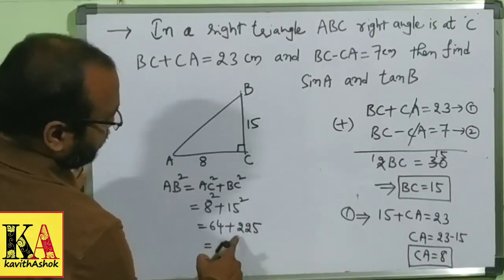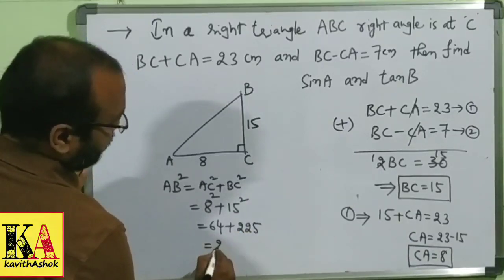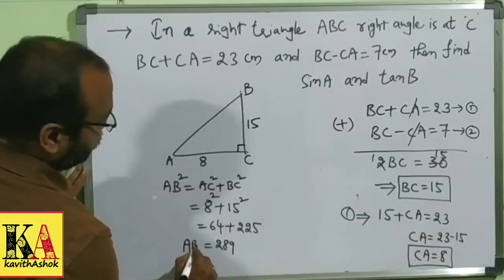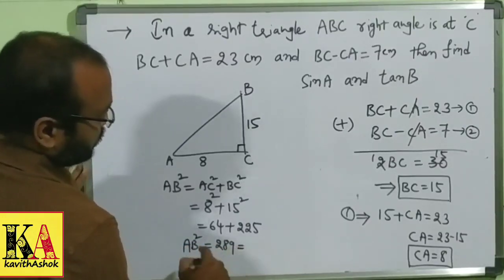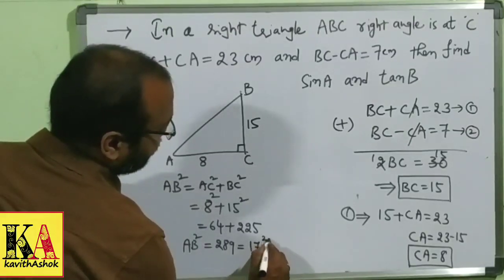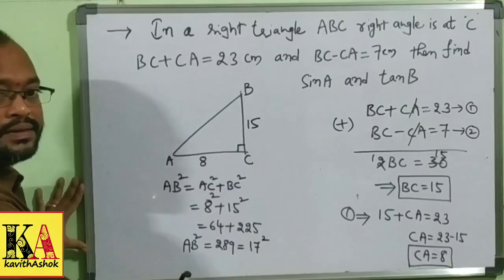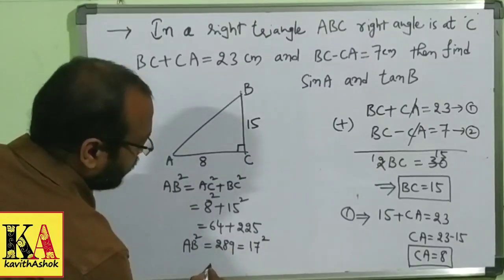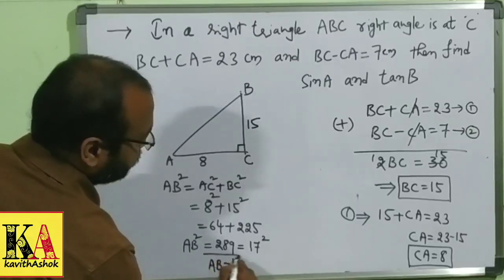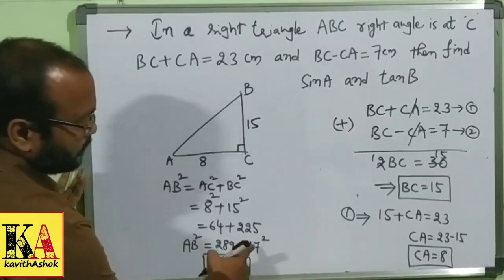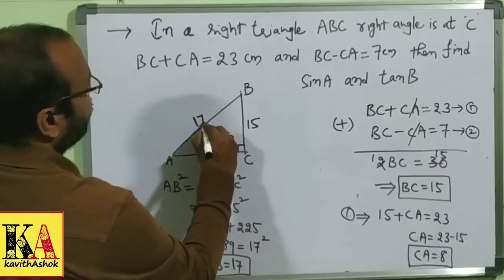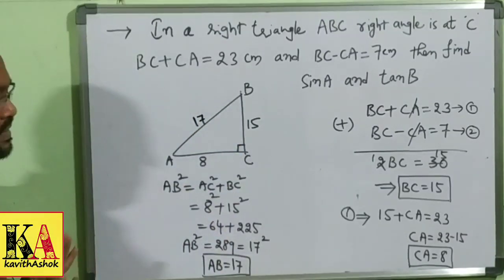Then we get 289. So this is AB square. 289 is nothing but 17 square, isn't it? So AB value will become 17. AB square is equal to 17 square, in the sense AB becomes 17. We have all measurements now.